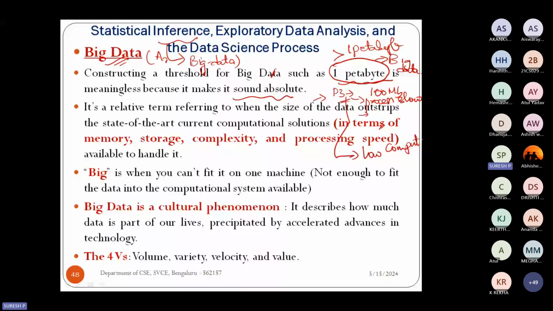So due to this low computational facility, what is going to happen? It is going to do the computation late, and after doing the computation late, whatever the result it is going to give you will not be accurate, because it has to do all the manipulations, calculations, and what is the storage it is going to have. Because if you take the older systems like P3, at that time the size of the hard disk which was available is around 250 MB or 500 MB.